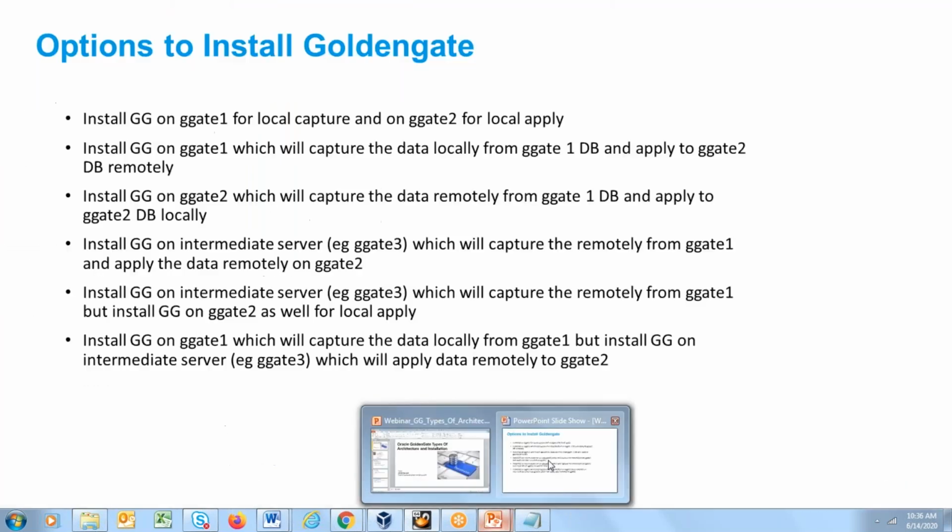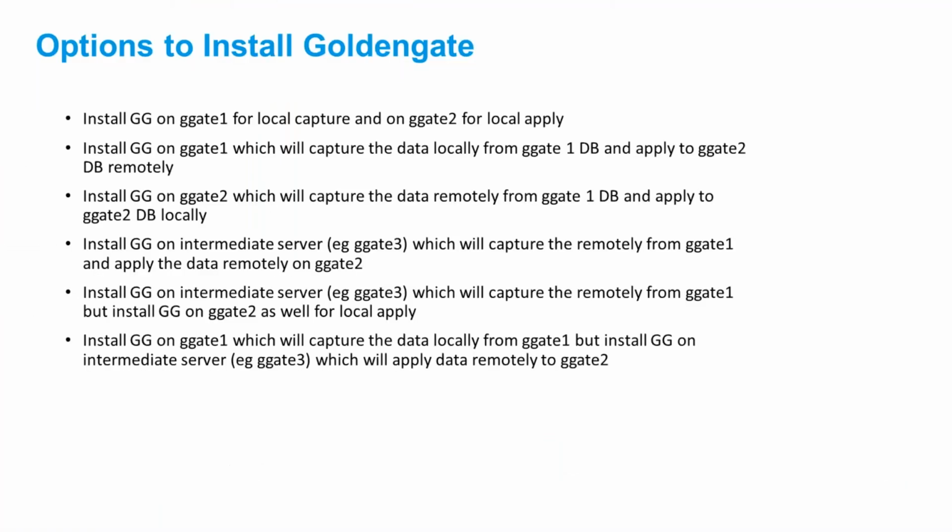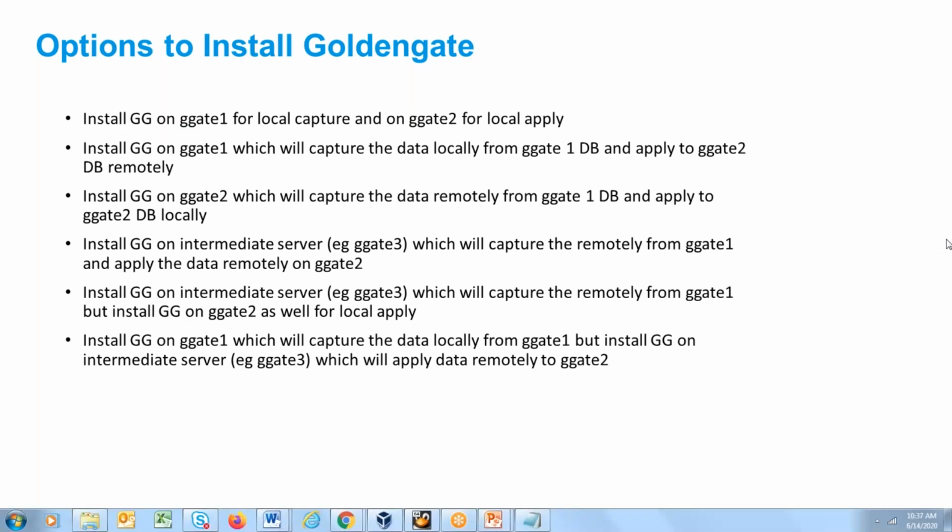Now let us discuss the options to install Oracle Golden Gate. One question which Brian has asked, and that really impressed me, is at what point do you decide to install classic or microservices architecture? Brian, microservices architecture has been introduced for ease of use.